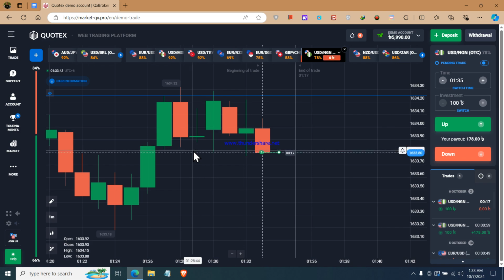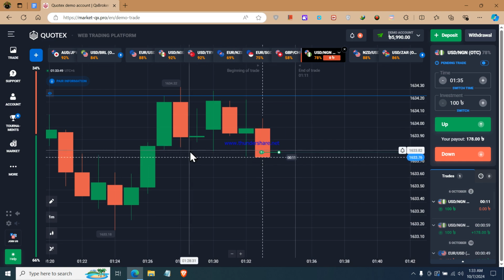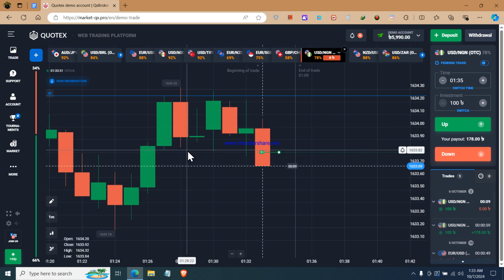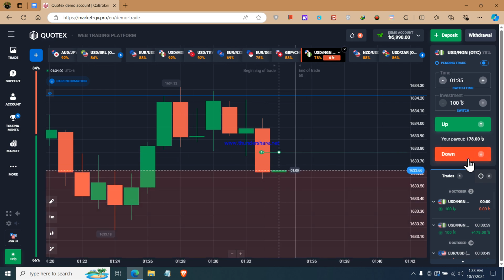So this is a good support, so it might work. This candle can become a red candle, but it shouldn't break this support. But if the sellers are getting strong here, they're breaking this point eventually, and I'm going to place my trade for down option.